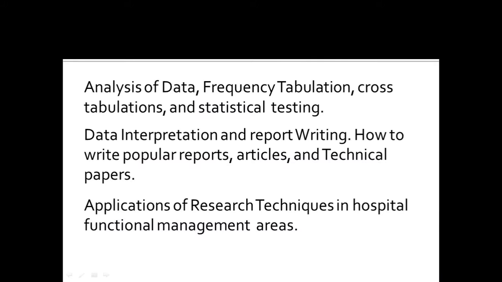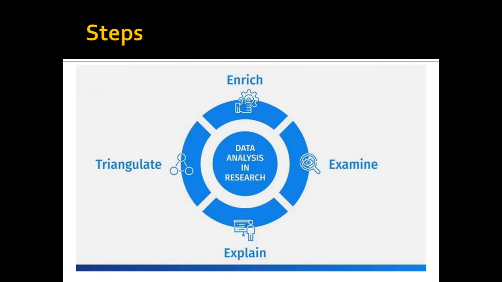What we had seen is we had started with analysis of data theoretically, then how to generate frequency tables, cross tabulation, some understanding about statistical testing. And we had seen what actually is called the analysis of data by its steps. First of all, you have to examine the data, then explain why the data is as it is, then triangulate.